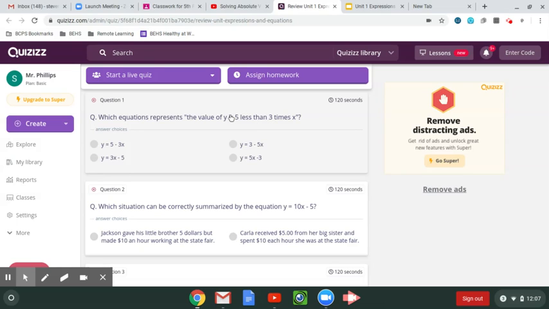I need to turn around the 3x and the 5. So it's not going to be in the same order that it was written. That's going to be this option right here, and that's the one I would click. Y equals 3 times x minus 5. 5 less than 3 times x. Y is 3 times x minus 5.